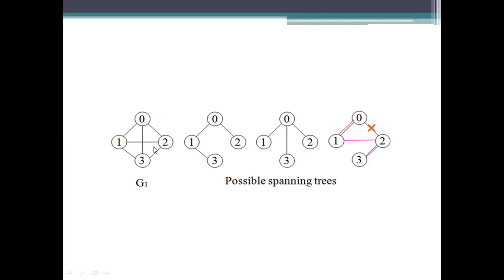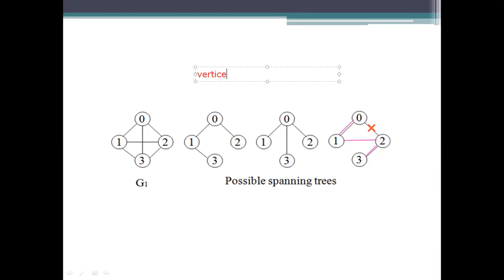given graph. Subset means the vertices we are using in the spanning tree should be equivalent to the graph G1 vertices. So what are the properties it has to satisfy?